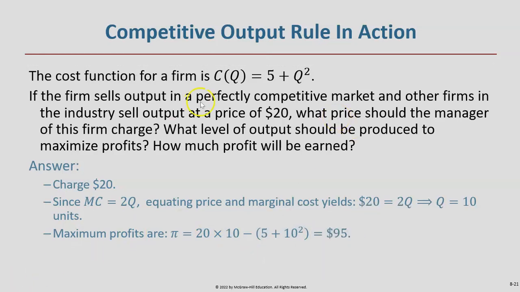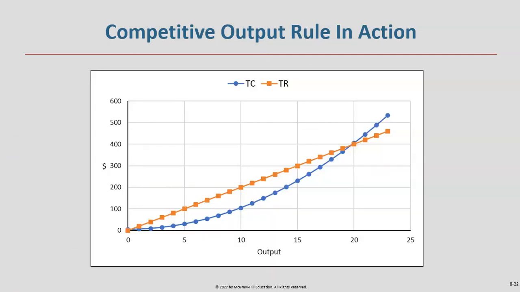So given these cost and revenue functions, this is what the problem looks like graphically. I took those functions, plugged them into Excel, and then drew this graph. The total cost function with a squared term is just upward sloping, and costs are always increasing at an increasing rate.